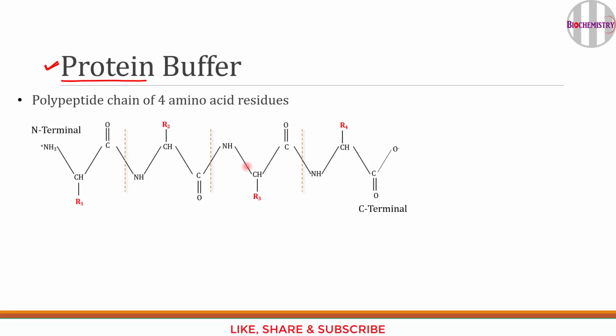So in almost all the amino acids, these 2 ionizable groups are participating in the peptide bonds, so they are not ionizable, except for the N-terminal amino group and the C-terminal carboxyl group. So out of this peptide chain, only one alpha amino group is present in ionizable state, and only one alpha carboxylic group is in its ionizable state, right?